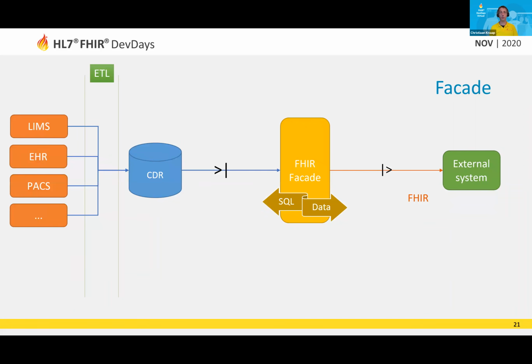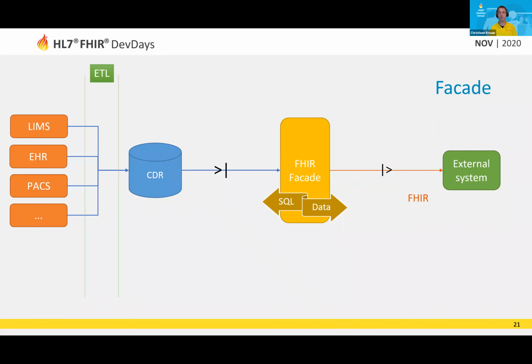So the first solution that comes to mind for many people is to have a facade. A facade as in a slim component in front of your existing data that just translates the data on the fly. That translation, however, has to go two ways, because if you support the FHIR RESTful interface, you will need to support search, or at least read, which you could see as a search on IDs.